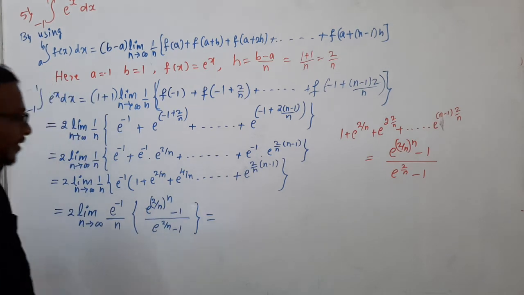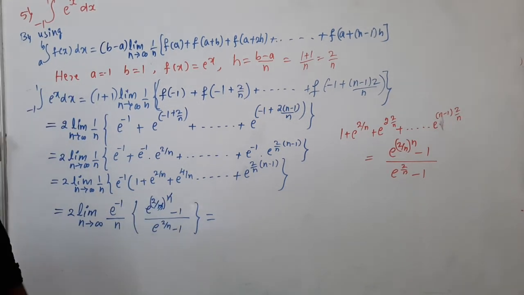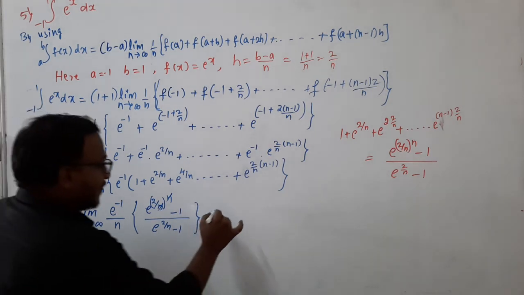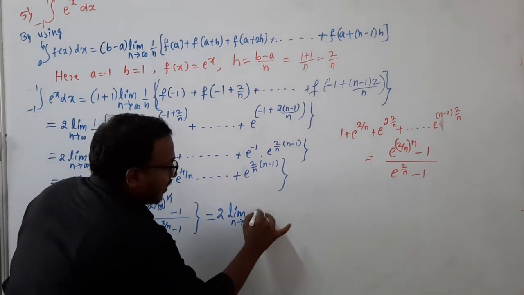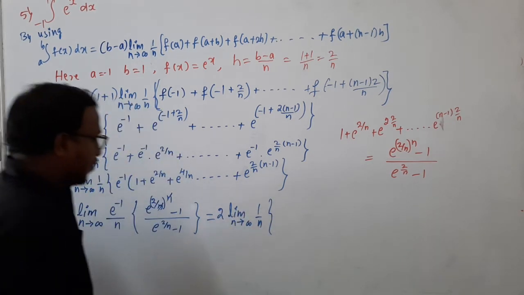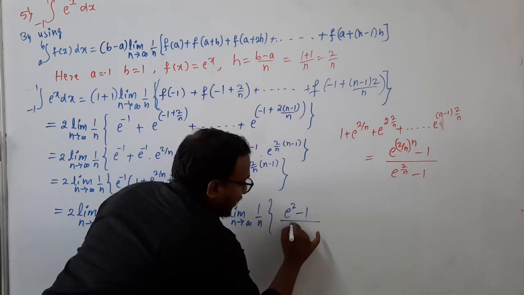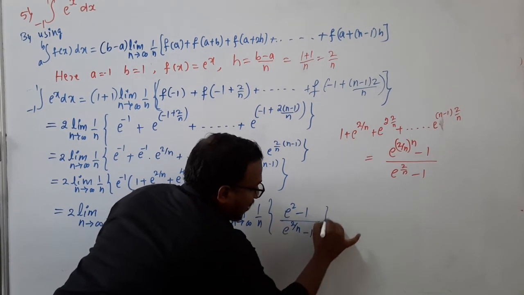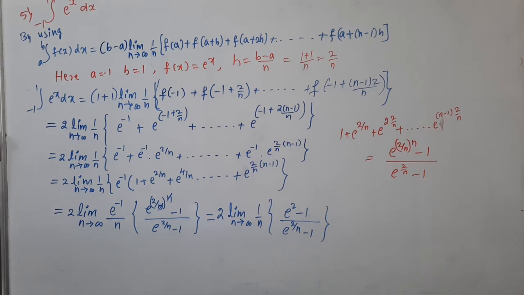Now the numerator and denominator terms get cancelled. The equation will become 2 into limit n tends to infinity of 1 by n into e square minus 1 divided by e to the power 2 by n minus 1.